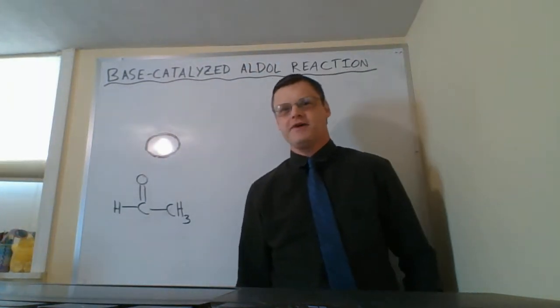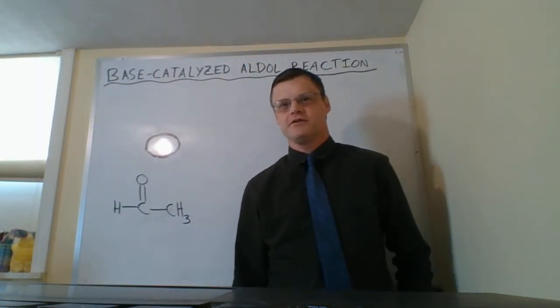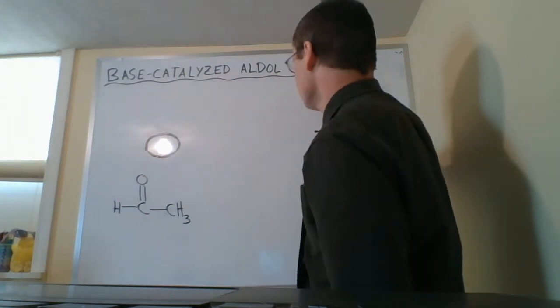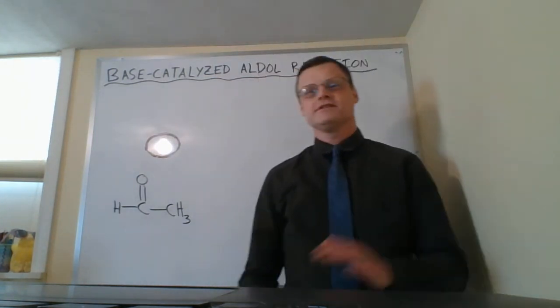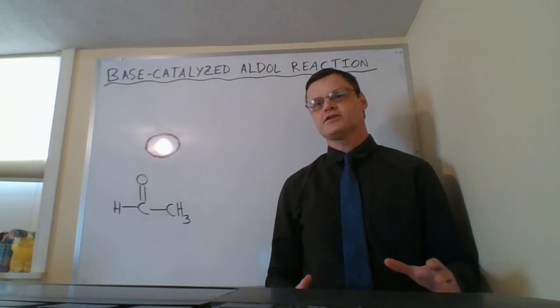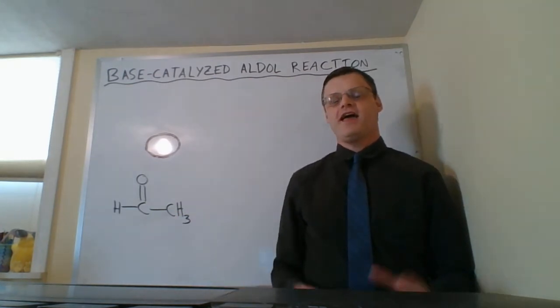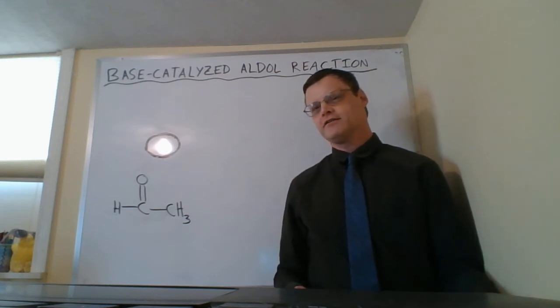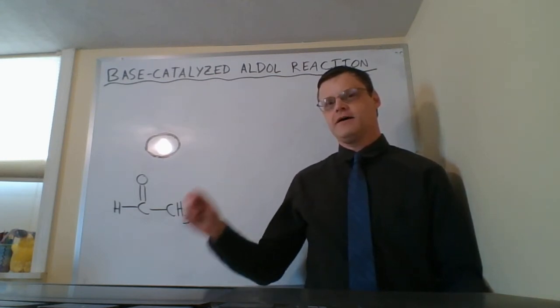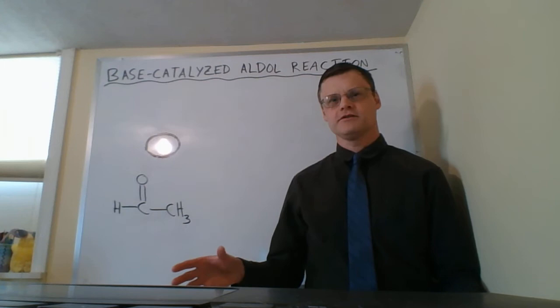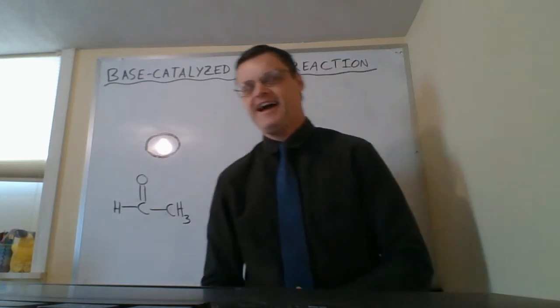All right, welcome back. In today's lecture video, we're going to look at the base catalyzed aldol reaction. Now, this is in our chapter of reactions at alpha carbons of carbonyl compounds. And up to this point, we've had alkyl halides and halogens like Br2 as an electrophile.